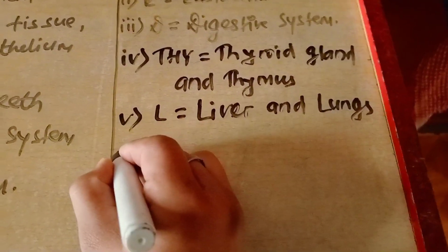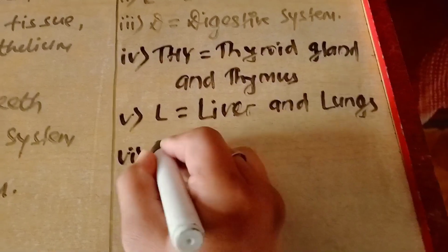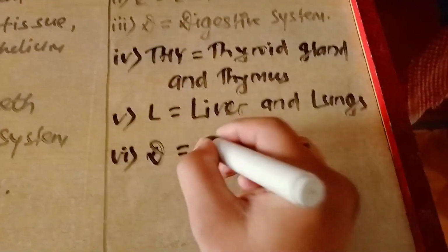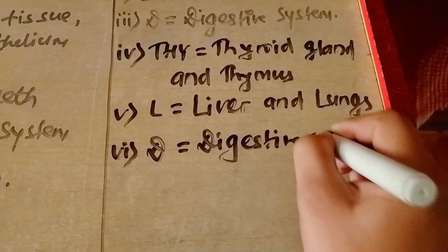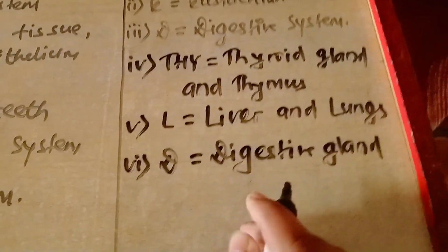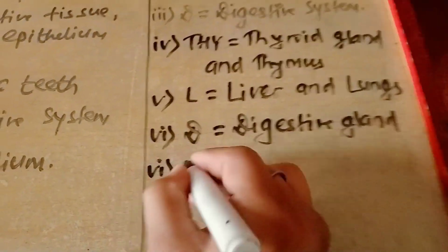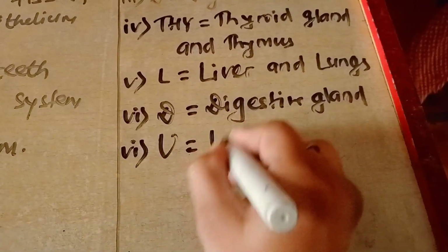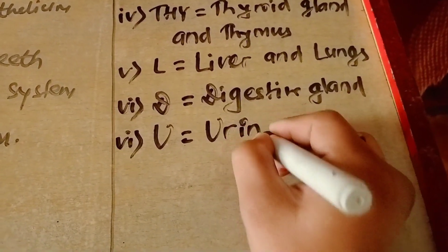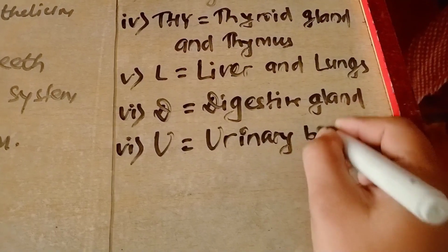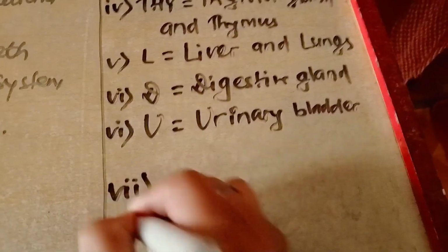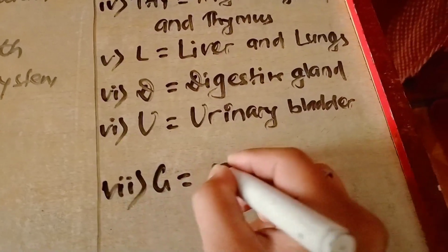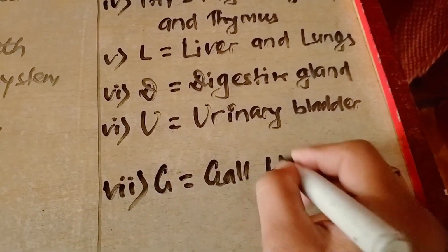And then in sixth we have D, so D means digestive gland. And then we have U, so U means urinary bladder. And in seven we have G, that is gallbladder.